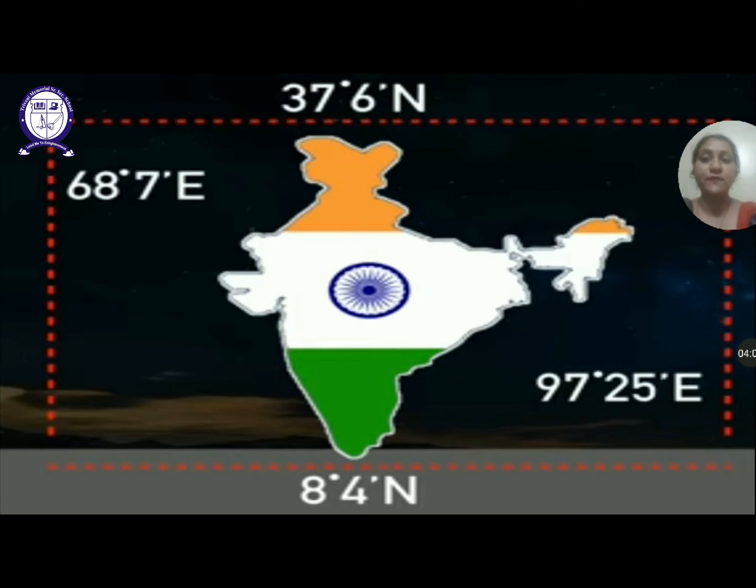Why are we taking east? Because our longitudes completely come in the eastern hemisphere.